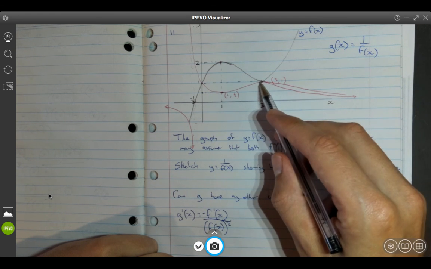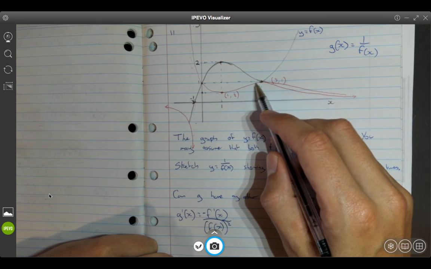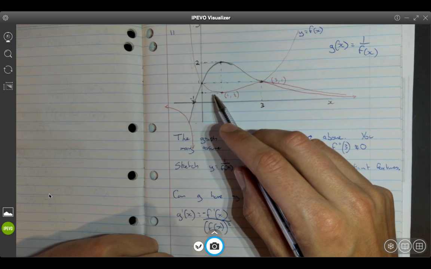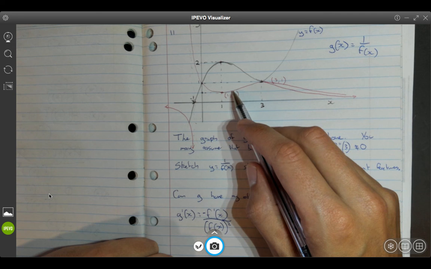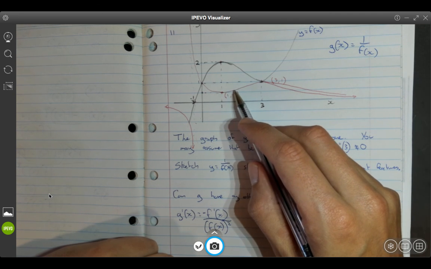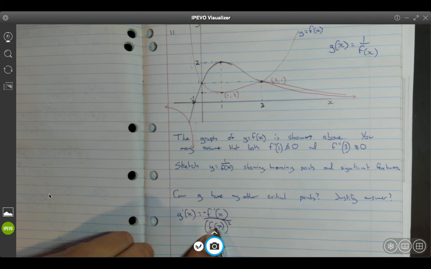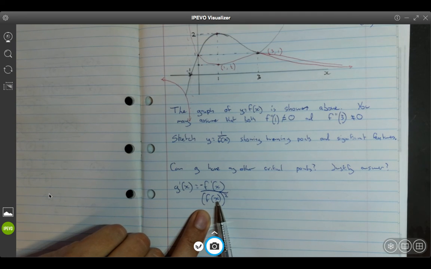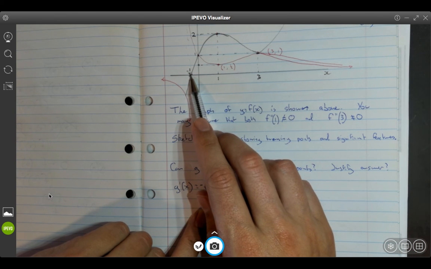So at these stationary points, g prime of x is equal to 0, as we have a maximum and a minimum.